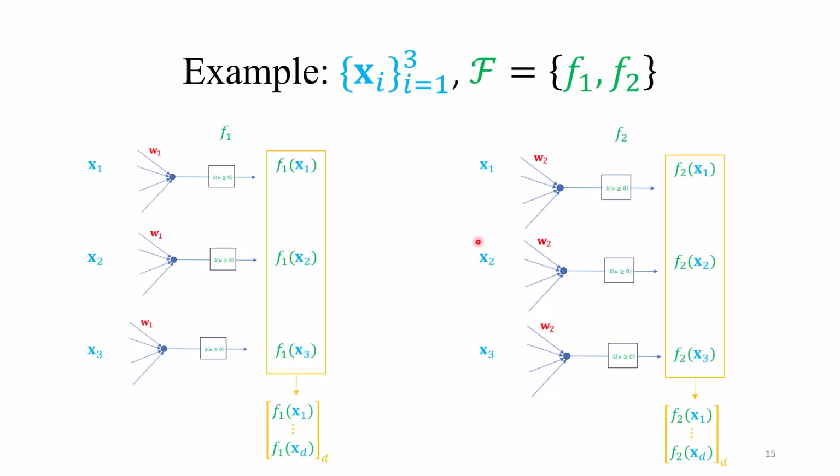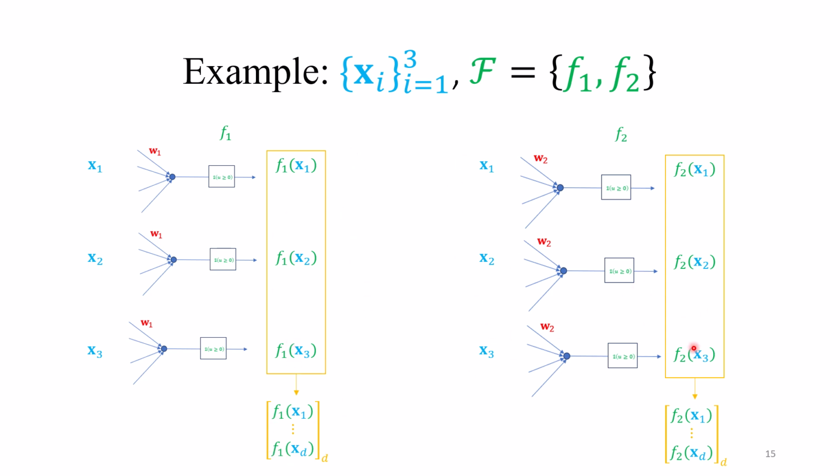So let me be a little bit more specific on what I mean by outcome here. This would be slightly easier if we start off with a simple example. Suppose we have three data vectors, x1 to x3, and two perceptrons, f1, f2. For each function, we'll send in the x's and store the outputs in a vector.